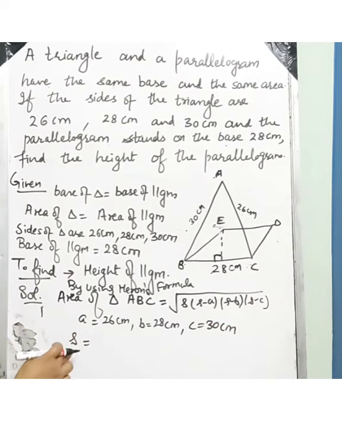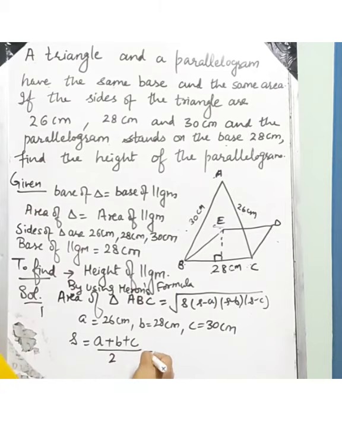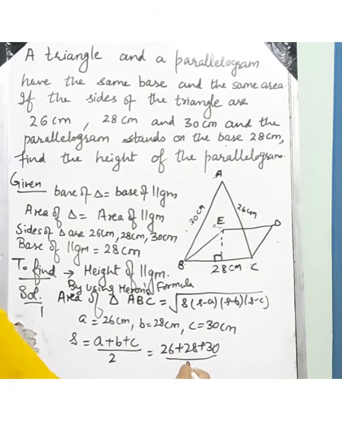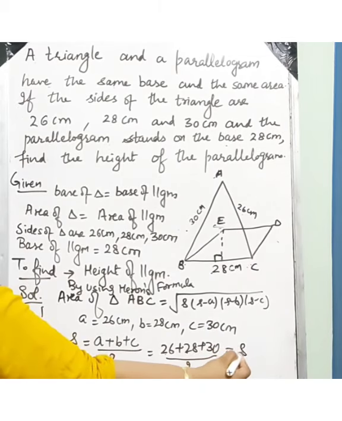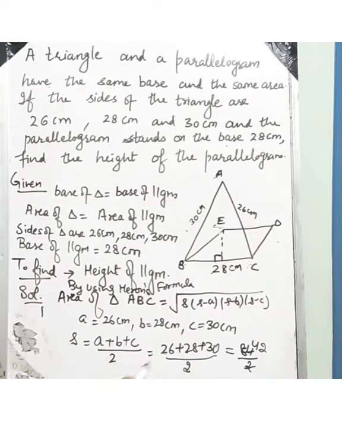Firstly, we have to find the semi-perimeter, and we know the formula of semi-perimeter: A plus B plus C divided by 2. 26 plus 28 plus 30 divided by 2. Now add the three numbers, 26 plus 28 plus 30. Sum will be equal to 84. Now divide by 2. Therefore, the value of S is equal to 42 centimeter.